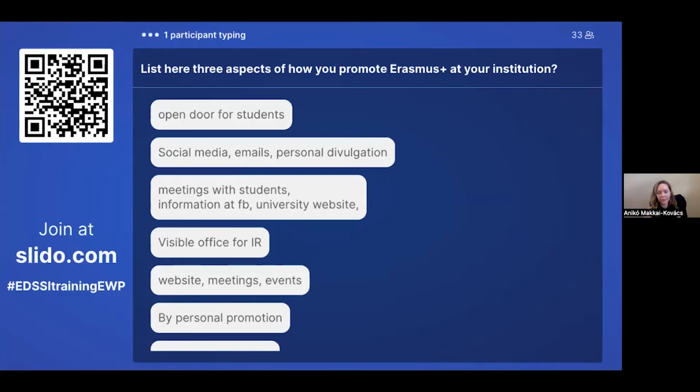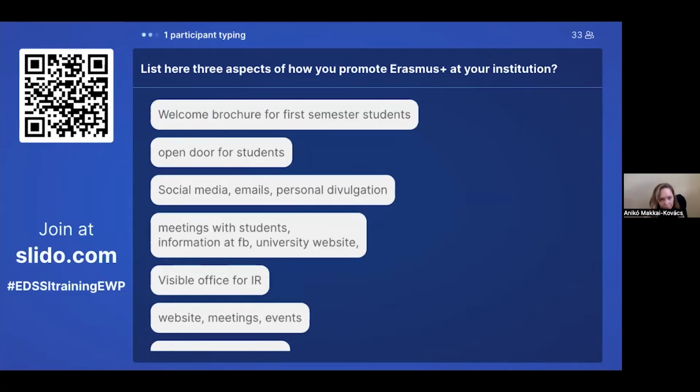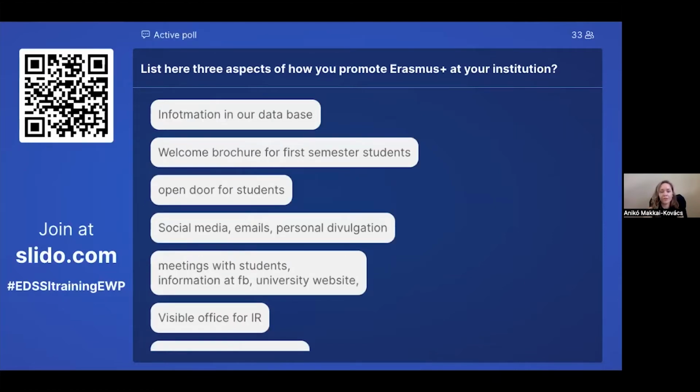Exactly. Welcome brochure for first semester students. Exactly. Already in the beginning, already by the time of recruitment, you can tease the students to come to your university because they will have the opportunity to go abroad. Information in our database.